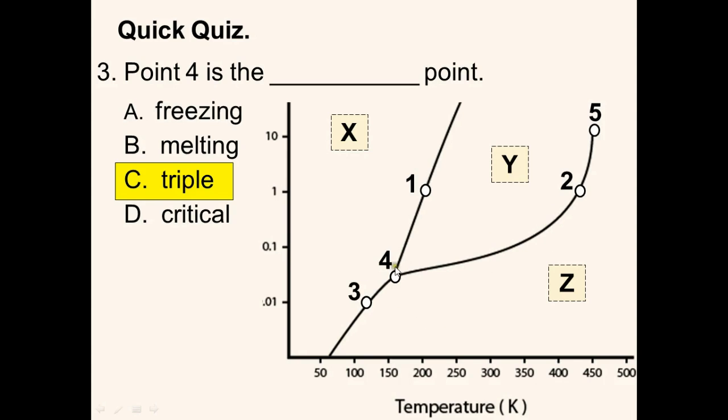Solid and gas is sublimation and deposition. So know these 3 lines and the states they're next to and what phase changes they represent. Know the critical point is up here, and know what it is, and then know the triple point where all 3 occur together.